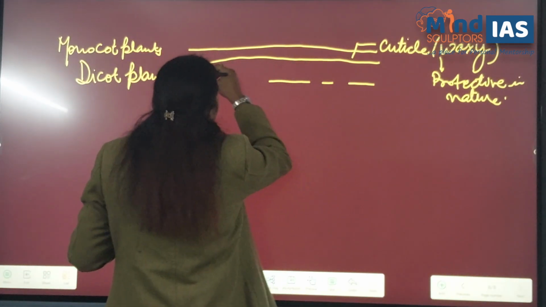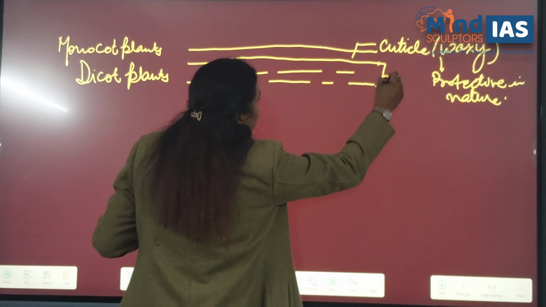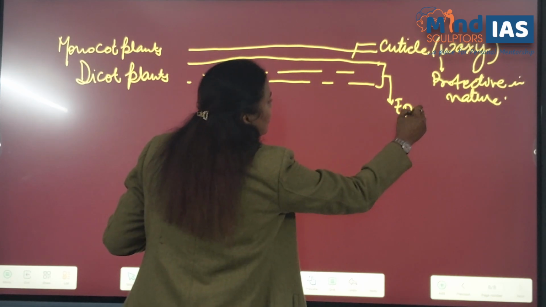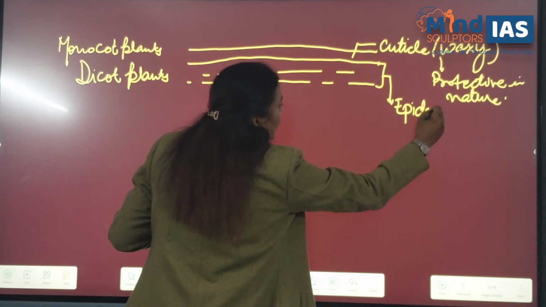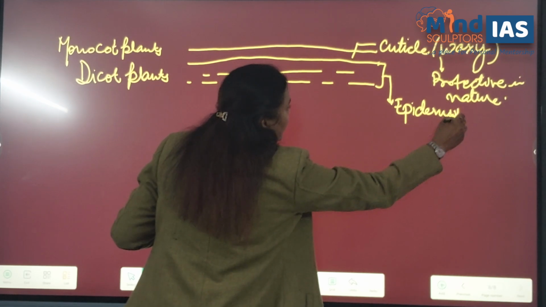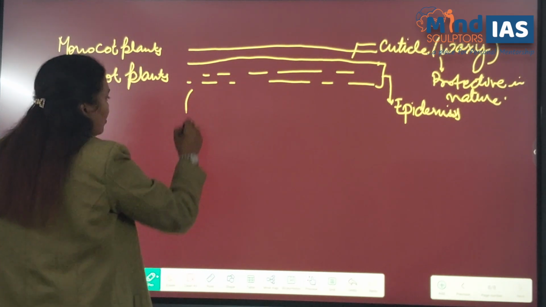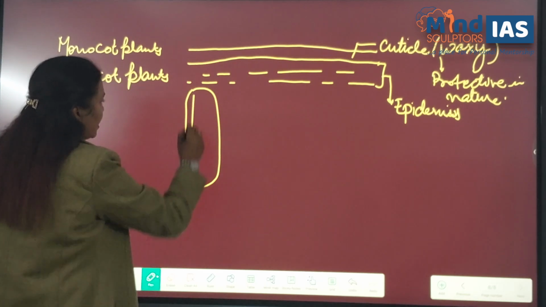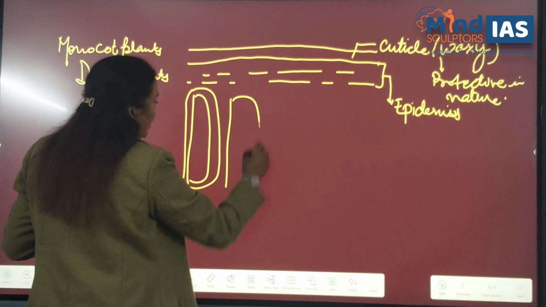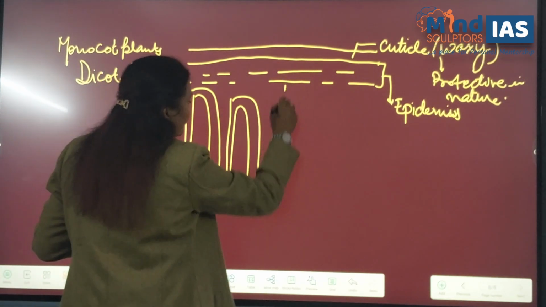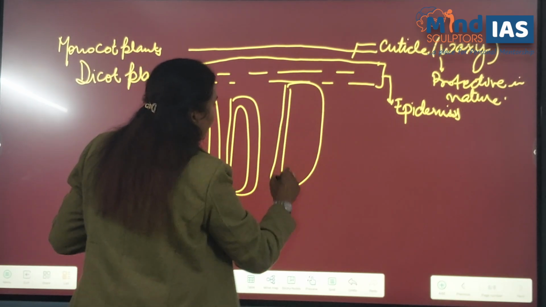The outermost layer, which is protective in nature, is your cuticle, followed by a second layer which is known as epidermis. Now after this layer, you can see these elongated cells after a regular interval.